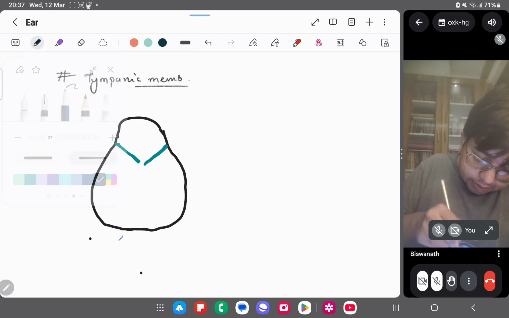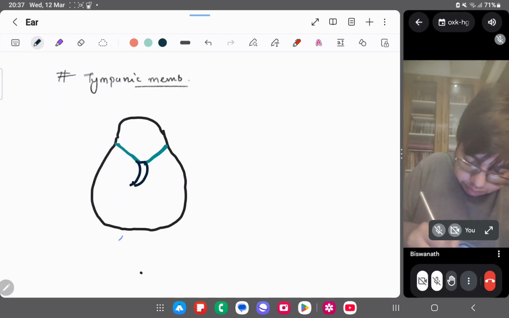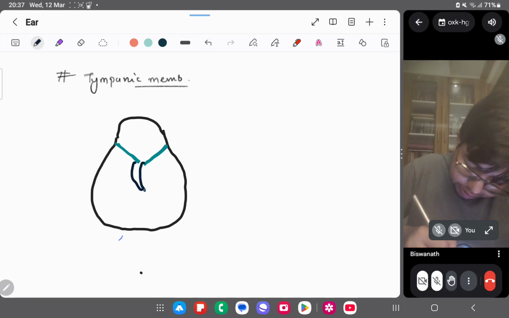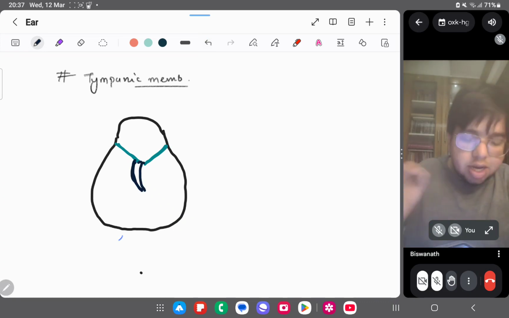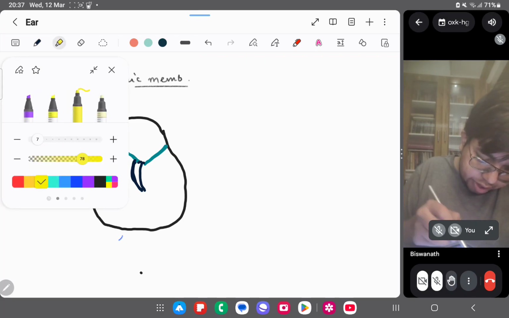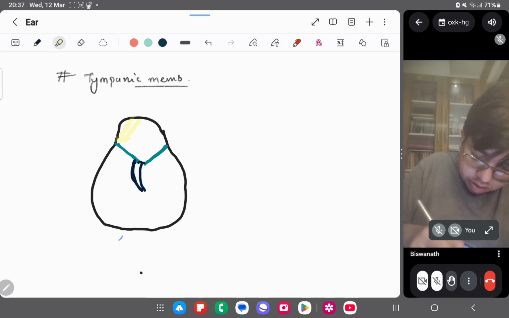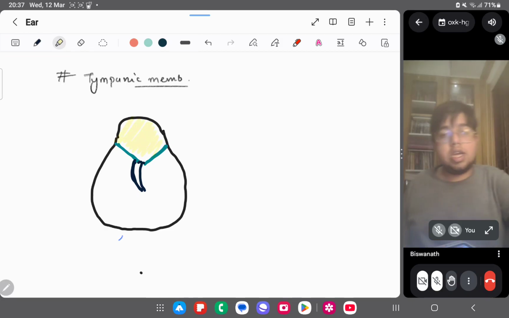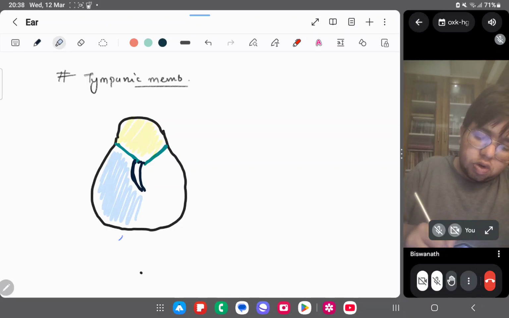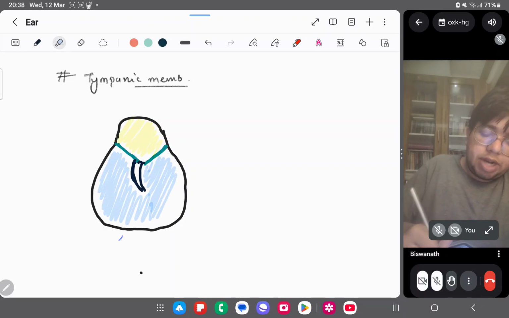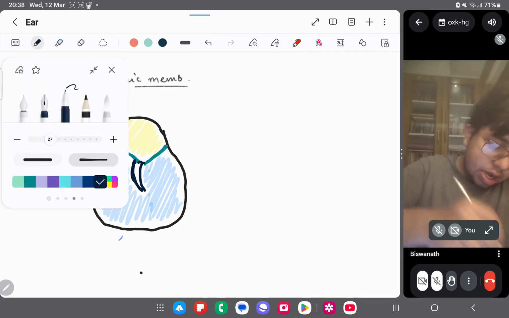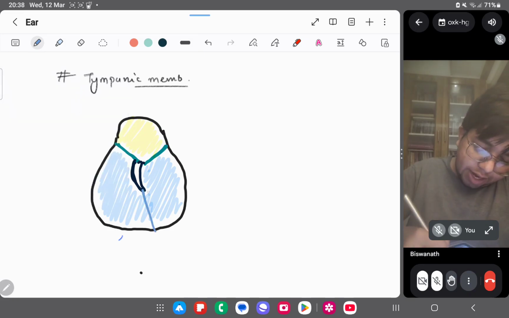Draw it like this and here like this. You just make it in this direction. It will be anatomically correct. And if you want, you can shade it yellow, or you can shade it blue. This is only to differentiate the parts. No fancy thing. And here you will see a cone of light basically.